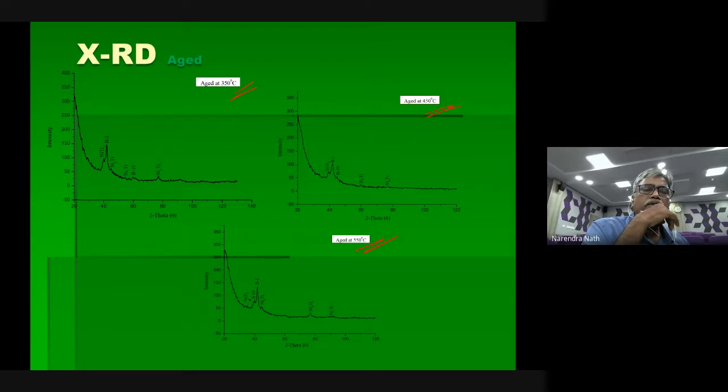If you want to do quantitative analysis in terms of percentage, it is not possible with a normal XRD. Then you have to go for a high-end XRD, and it will tell automatically what the percentage of each is, whether it increases or decreases with respect to your previous graphs.